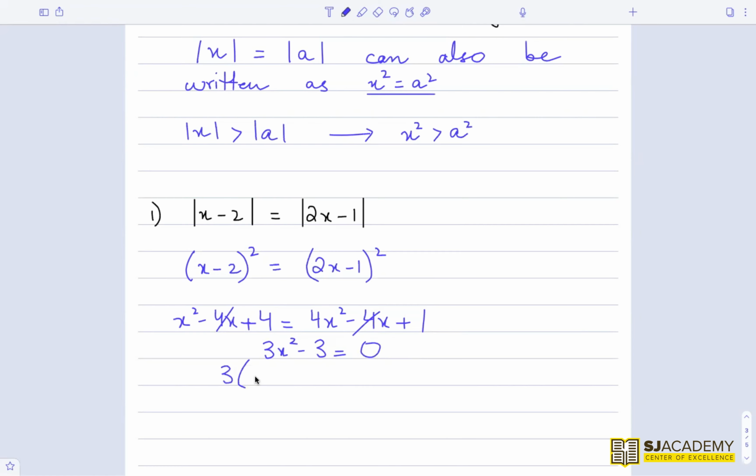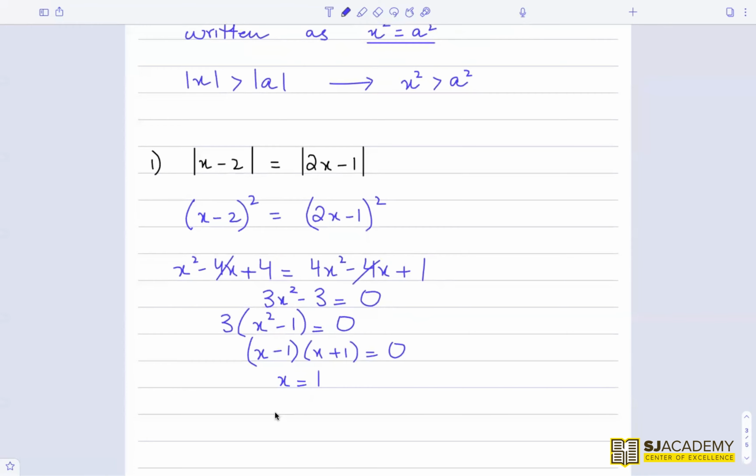Taking 3 common, we get 3(x² - 1) = 0. Factorizing x² - 1, we get (x - 1)(x + 1) = 0. So the two values of x are x = 1 and x = -1.